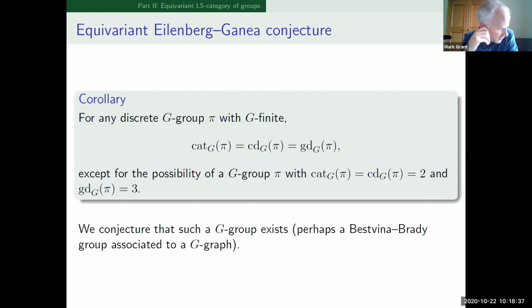Yes, I did think about this. What's the equivariant Whitehead conjecture? And whether or not, if we manage to prove that there's a counterexample to the equivariant Eilenberg-Ganea conjecture, well, yeah, that's a very good point. So you could formulate an equivariant Whitehead conjecture, which generalizes the ordinary conjecture.